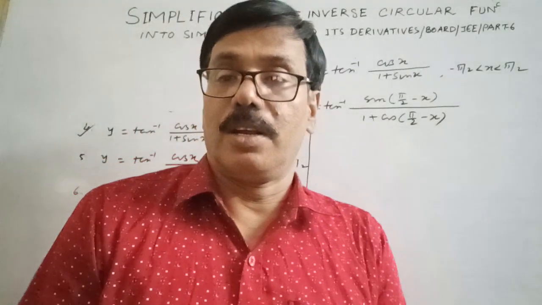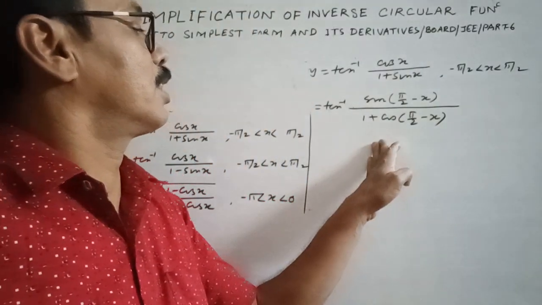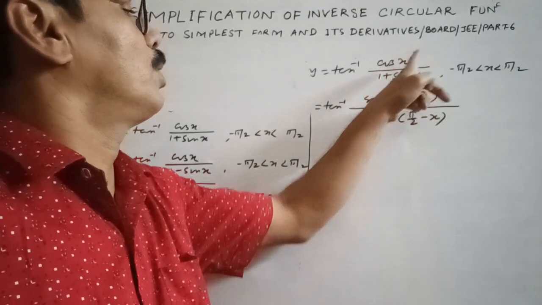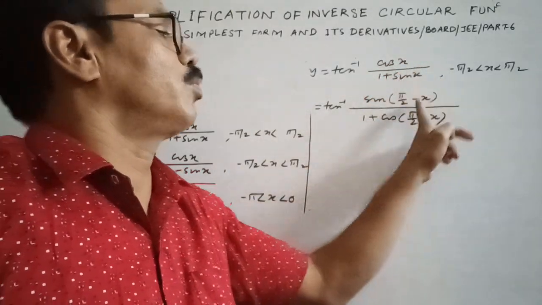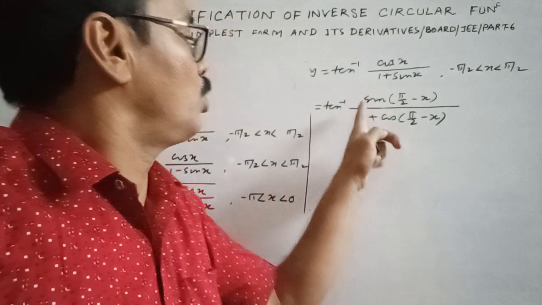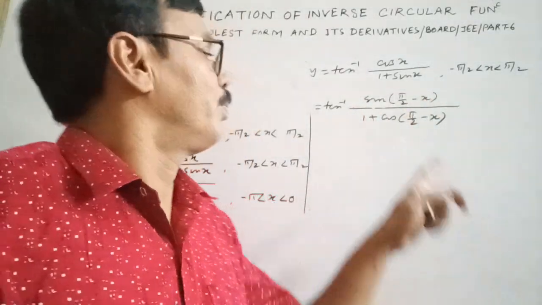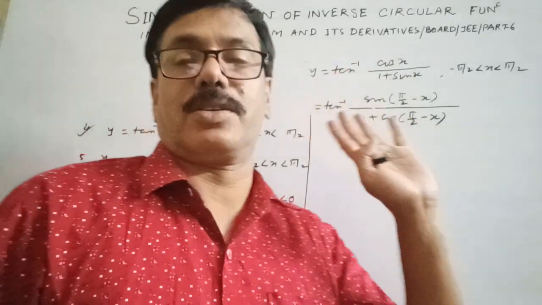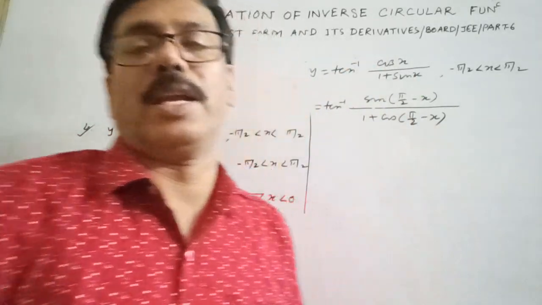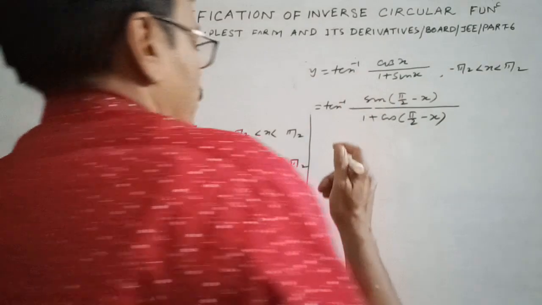So you may ask, why am I expressing cos x as sin of (pi by 2 minus x)? Because we know the formula of sin x, 2 sin x by 2 cos x by 2, and the formula of 1 plus cos x, 2 cos square x by 2. So this is our main aim.